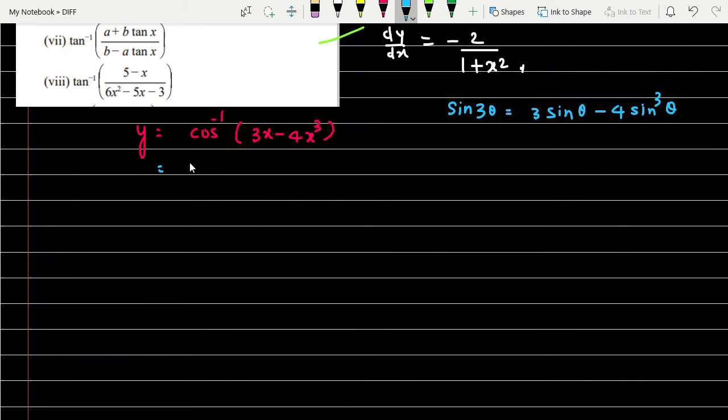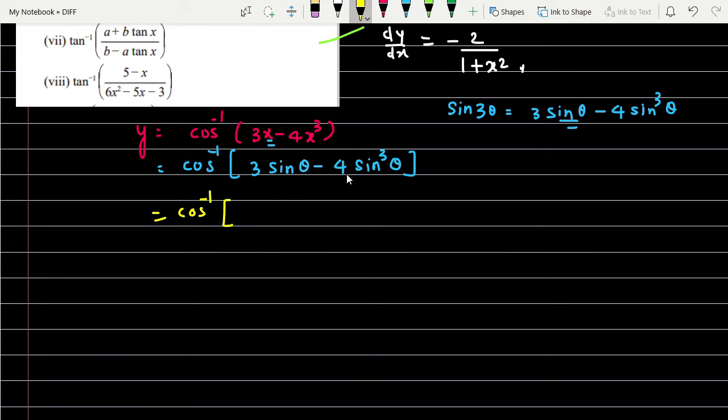So it is cos inverse of, we substitute here x is equal to sin theta, so 3 sin theta minus 4 sin cube theta.